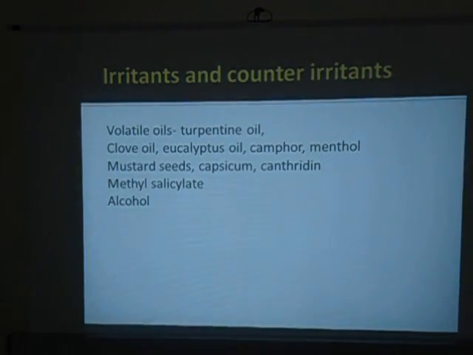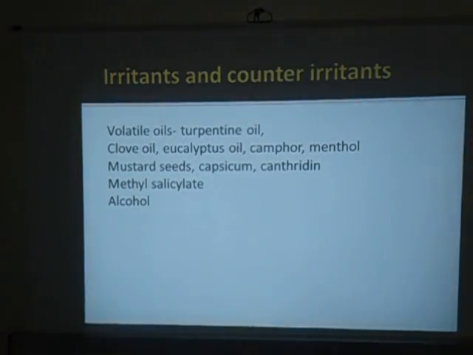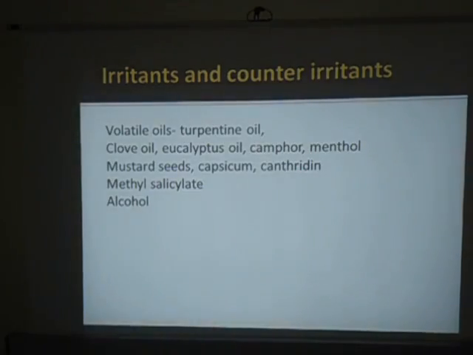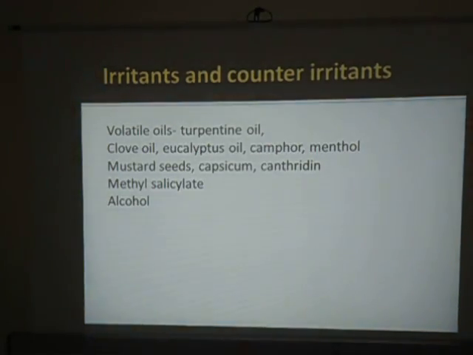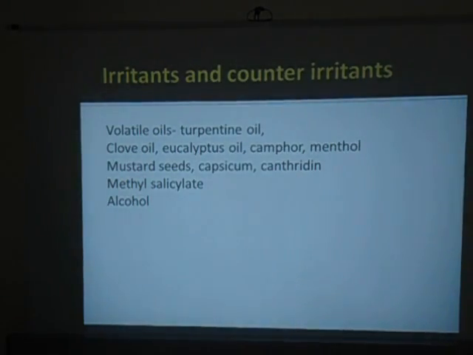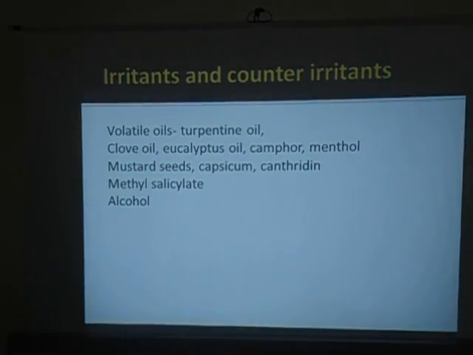So coming to the other counter-irritants, volatile oil and turpentine oil preparation is another. Eucalyptus oil. Have you heard of steam inhalation in times of cold? What do you put in the water?